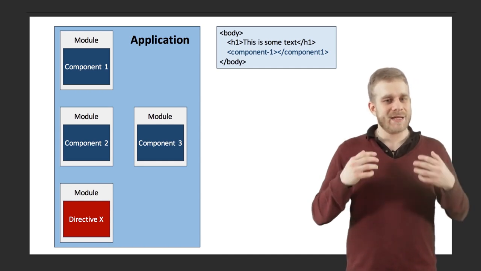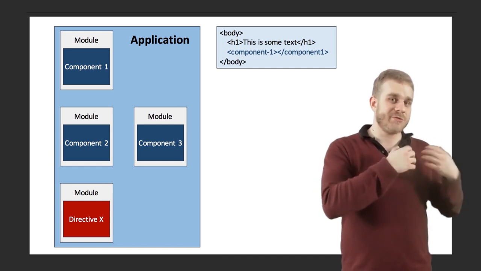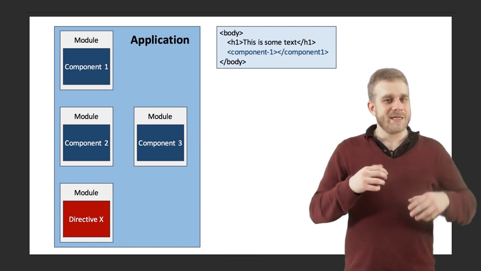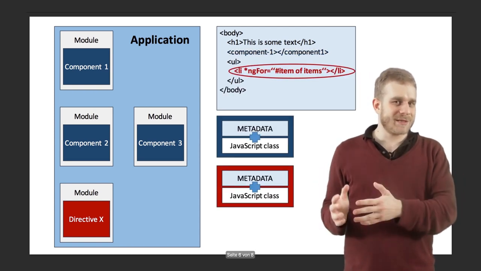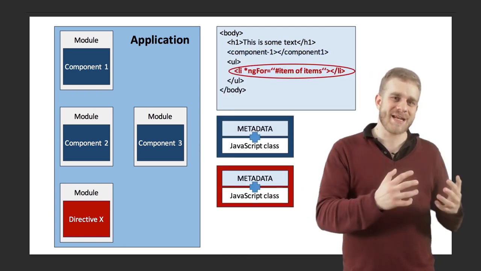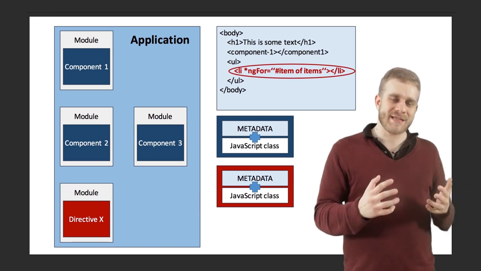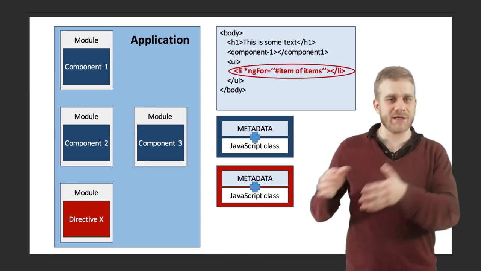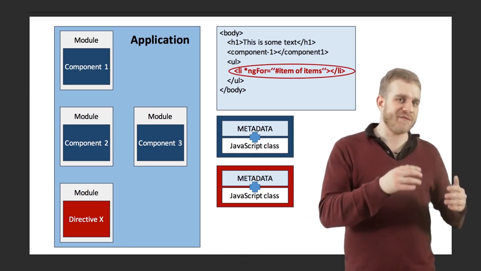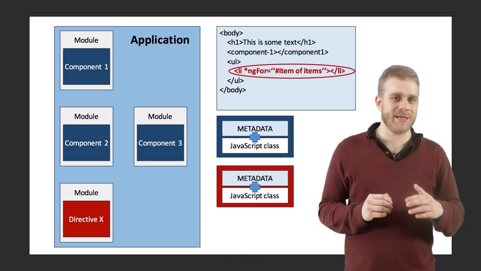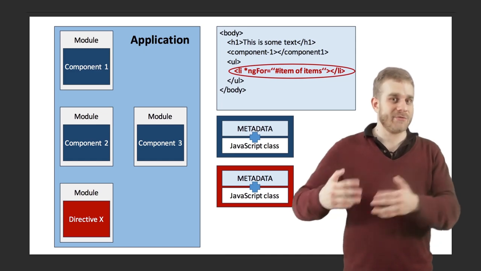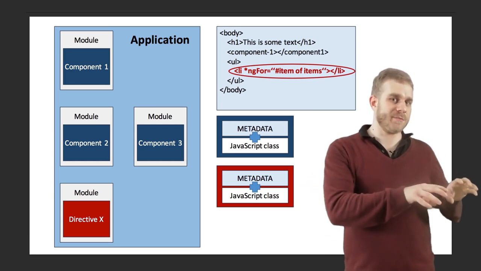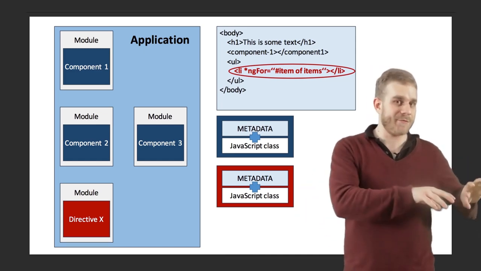We make a component, as well as we create a directive, by taking a JavaScript class and attaching metadata to it. This metadata will hold certain information like what is the selector, what is the template, which directives do I want to use in that template. That will tell Angular 2, okay, this class is a component or is a directive or is whatever.